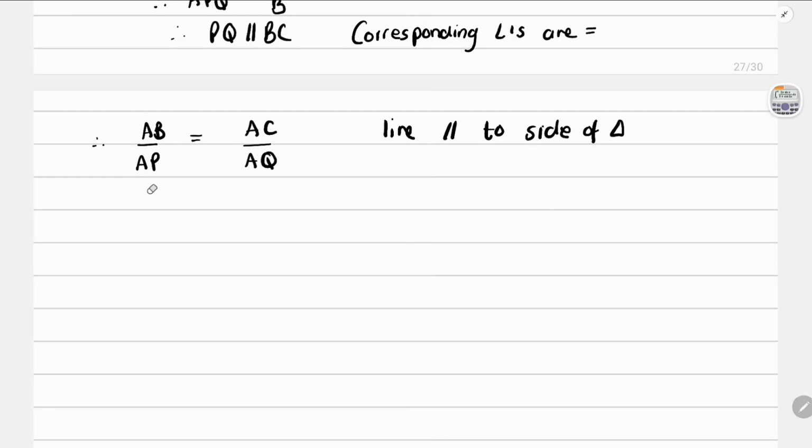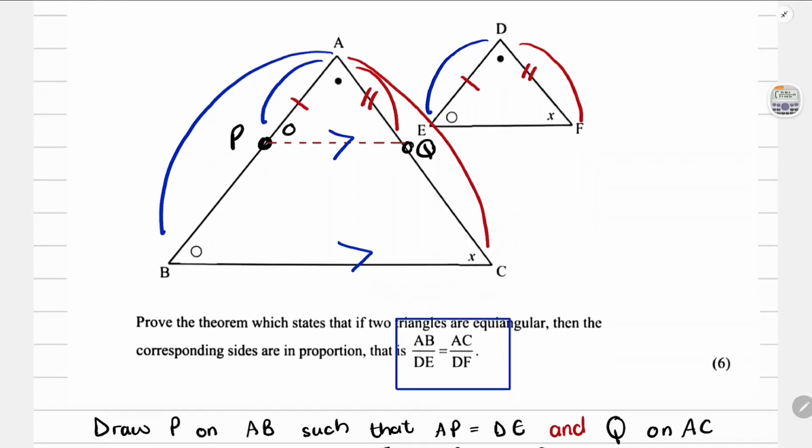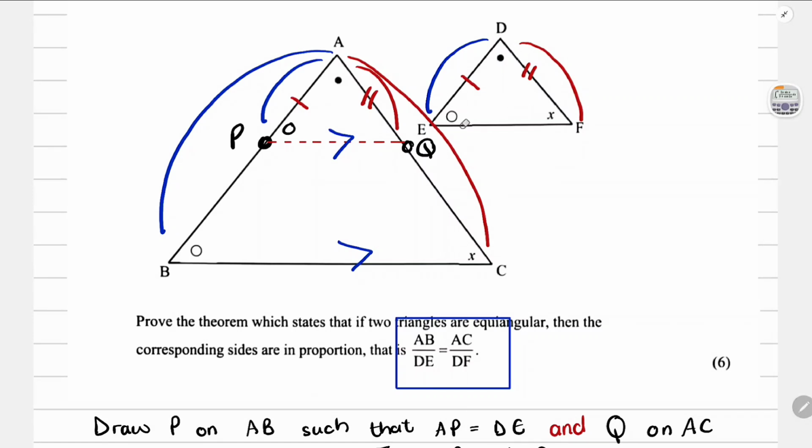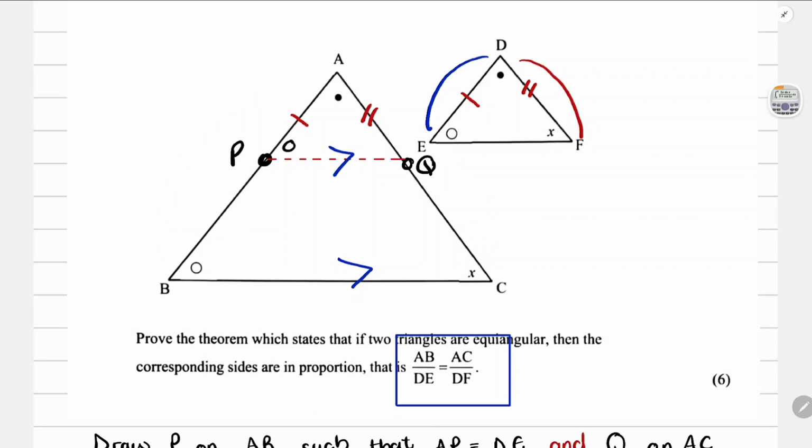Okay, so now that we have that, here's the thing about this. How we tried to make sure that this construction we have made is really just this triangle fitting onto this triangle. So that's where this is going to come in. Because we already know that these sides are equal, because we already know that AP is equal to DE and AQ is equal to DF, we're just going to replace them, okay, with these in our proportions.